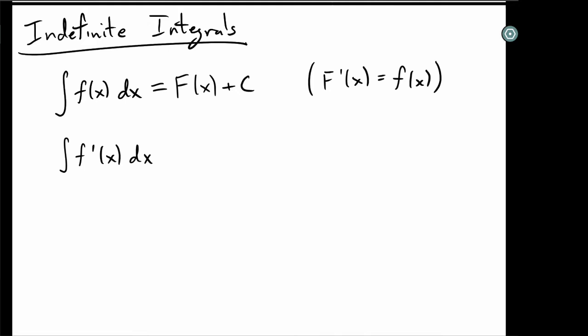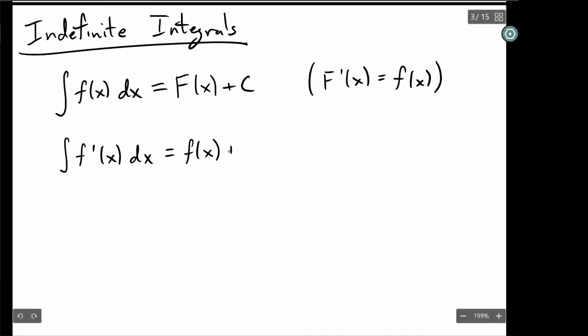Right? It's called an antiderivative for a reason, so we should probably get f of x back. But because we're looking for the most general antiderivative, we actually still have to add this plus c here. So an indefinite integral here, it doesn't exactly undo a derivative. It sort of undoes it and a little bit more.